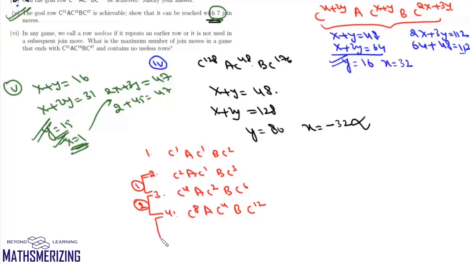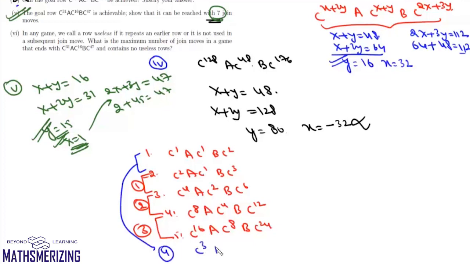Now again, we'll join the fourth with itself. So that's our third join. So we'll get C16 A, C to the power 8 B, C to the power 24. Now we cannot join it further because then it'll be greater than 31. Next, we'll join these two rows. That's our fourth join, and there'll be C cube A, C square B, C to the power 5.